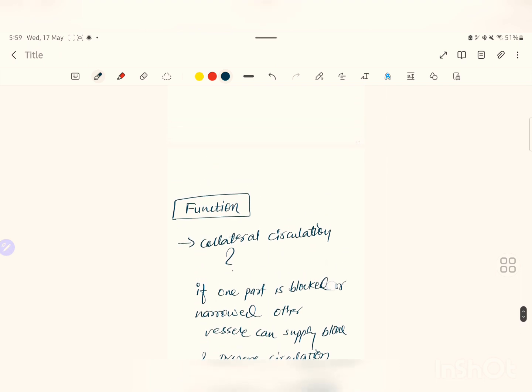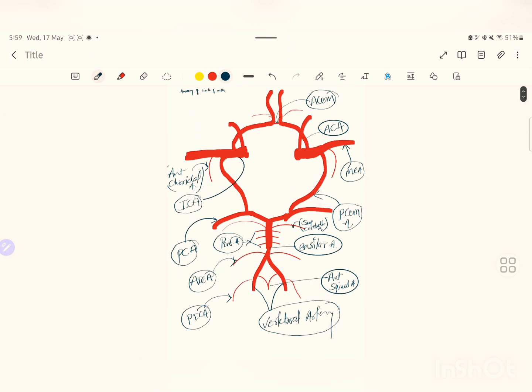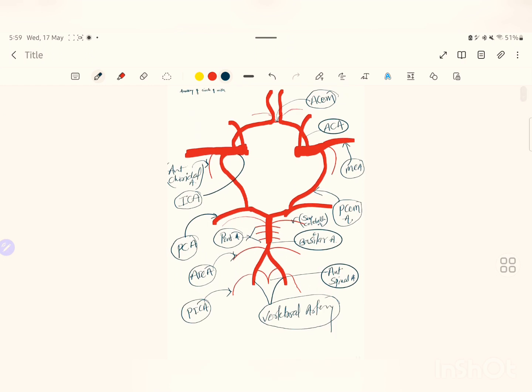Let's go to the circle of Willis again. Let's understand. Consider a patient who is having a block in his right anterior cerebral artery. So how does this circle of Willis help? The blood from left internal carotid artery travels through the left anterior cerebral artery and then through anterior communicating artery goes to the contralateral, that is right side anterior cerebral artery.